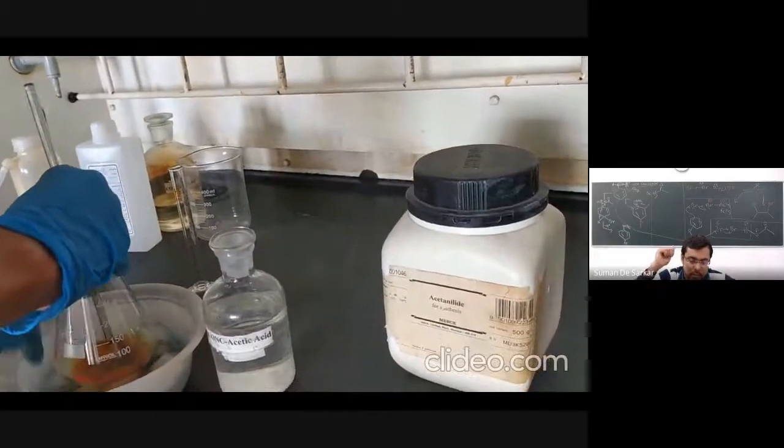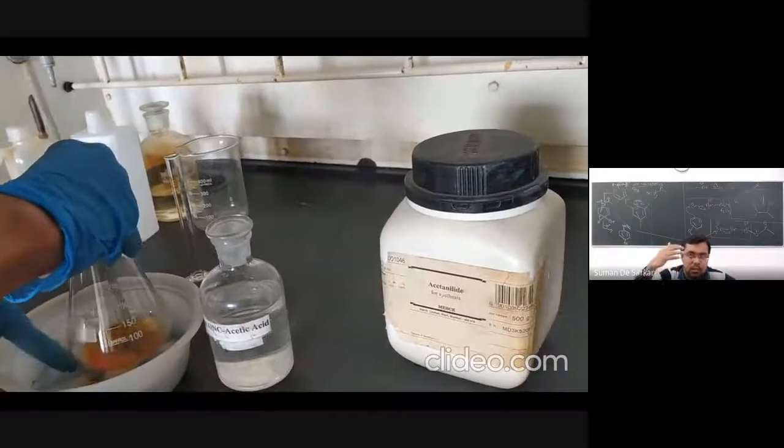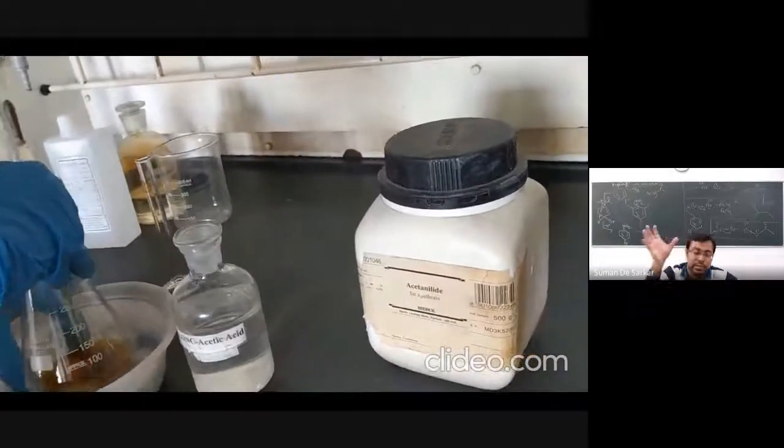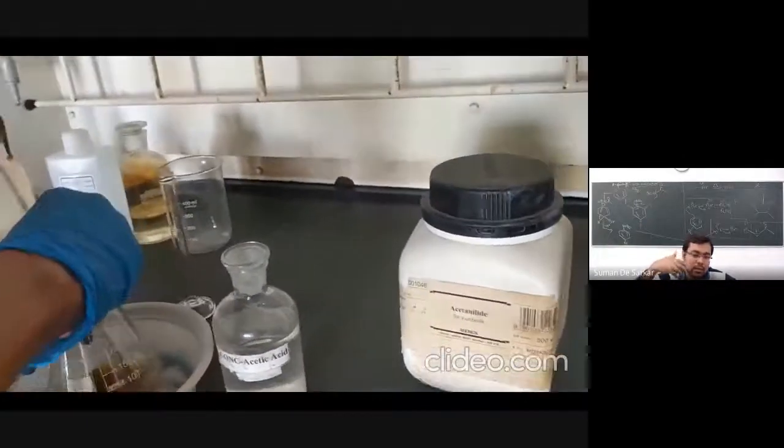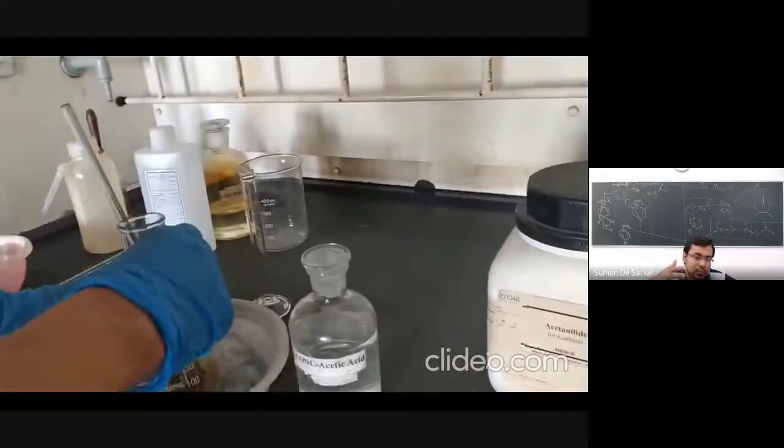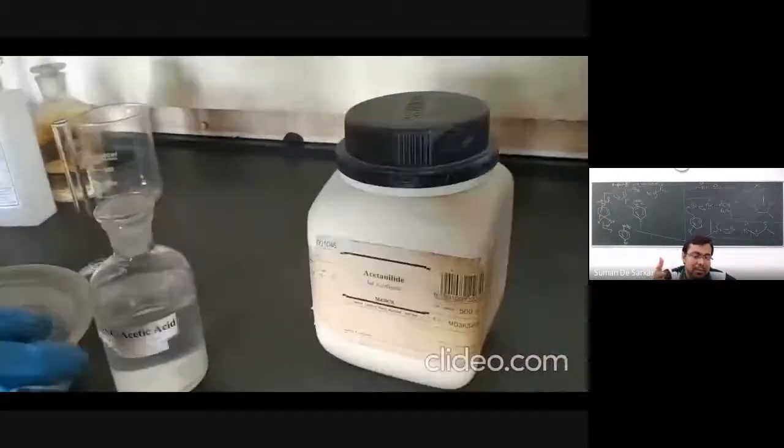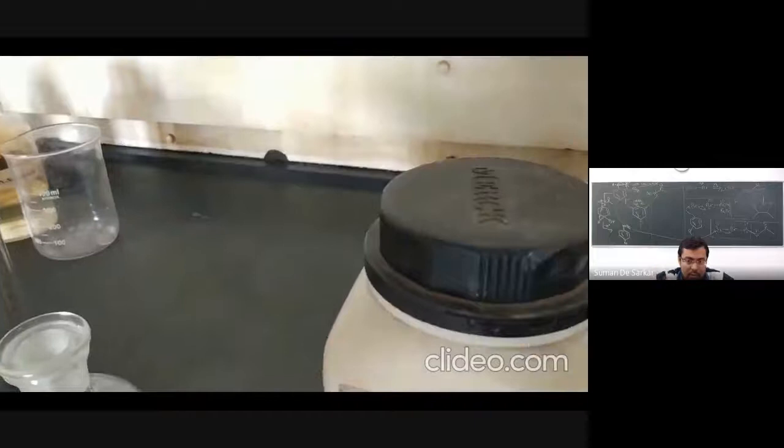As I said, the aromatic ring is less activated, plus there is steric hindrance at the ortho position. But if you heat it and let it warm, it may go to the ortho position also. We don't want that. We really want it at the para position selectively. That's why we're keeping it at low temperature as well.